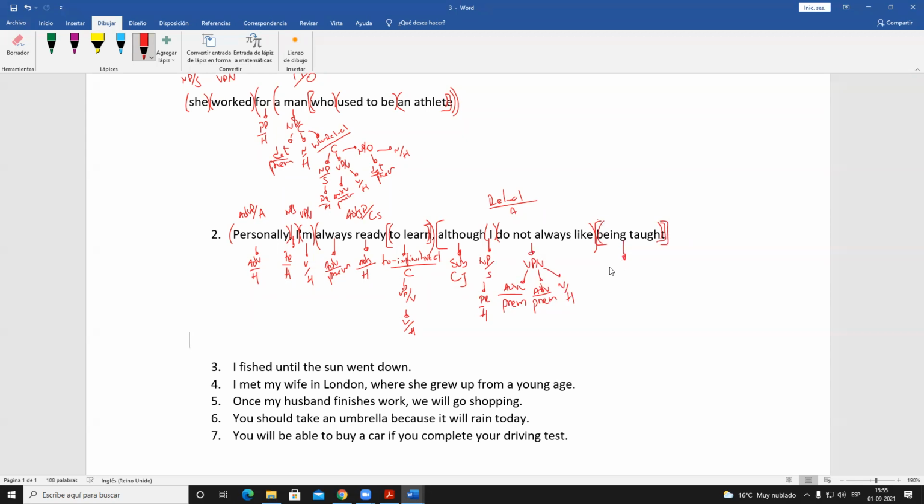This. Therefore, this is a non-finite ing clause acting as an object, which is made of a verb phrase verb with an auxiliary verb premodifier being, and the verb head taught. Any problem?